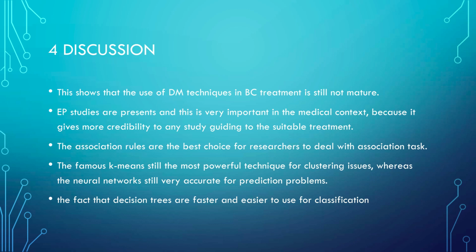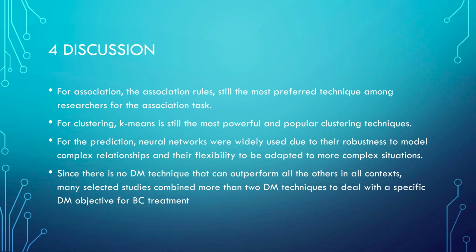As for association, the association rule is still the most preferred technique among researchers for the association task. Since there is no data mining technique that can outperform all the others in all the contexts, many selected studies combine more than two data mining techniques to deal with a specific data mining objective for breast cancer treatment. And also combining more than two techniques allows avoiding limitations and consolidating advantages of used techniques.